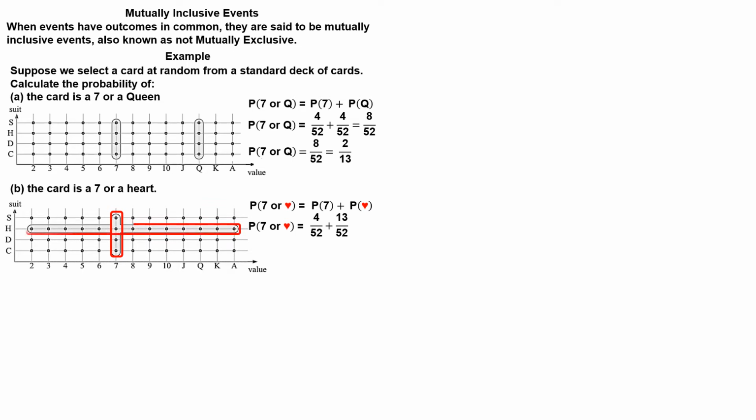We are counting the probability of the 7 of hearts twice. We need to subtract the intersection. Otherwise, we are double counting. The probability of 7 or hearts is 16 over 52.